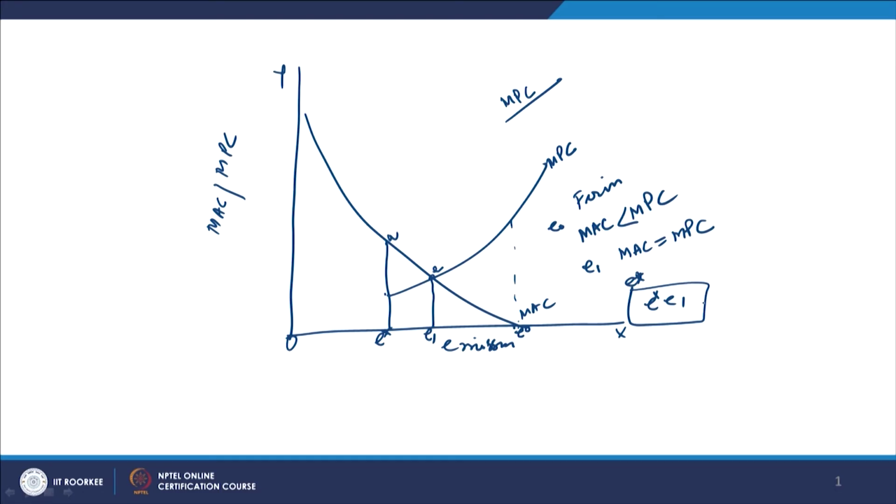Instead of abating it, the company would prefer to pay the penalty, because at E star you can see that the marginal cost of abatement is higher than the marginal penalty cost. So, that is why, if standard is OE star, at this point company would prefer to pay the penalty rather than abate. And this is very interesting.